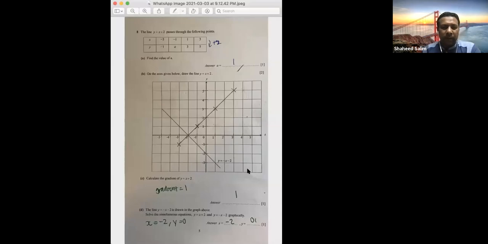You just sent the graph, right? I didn't send the entire thing. Okay, let me just check. I don't know which one. I think this should be. Is this the one? Yeah.